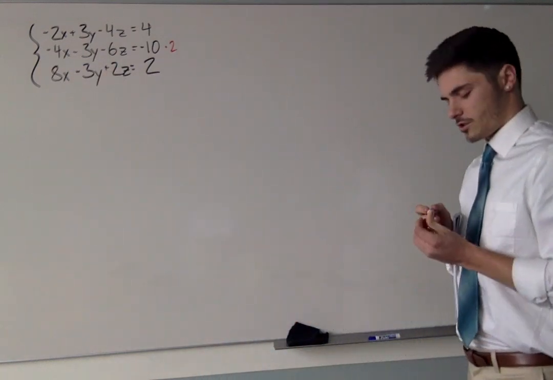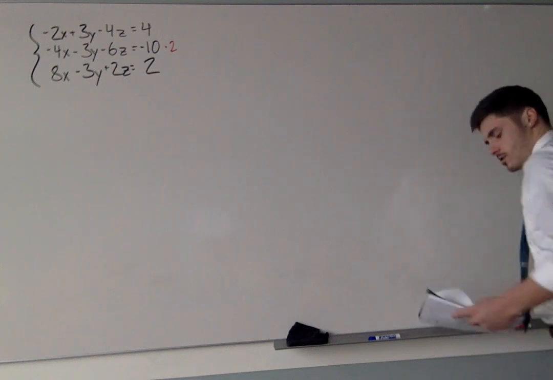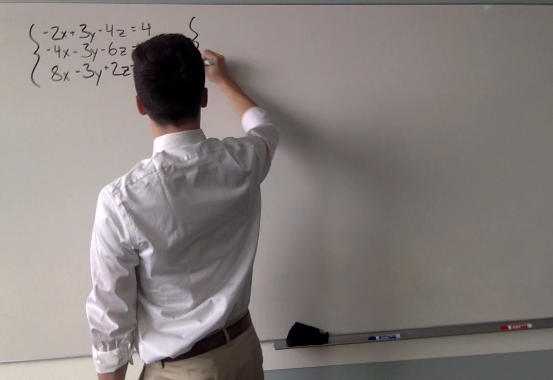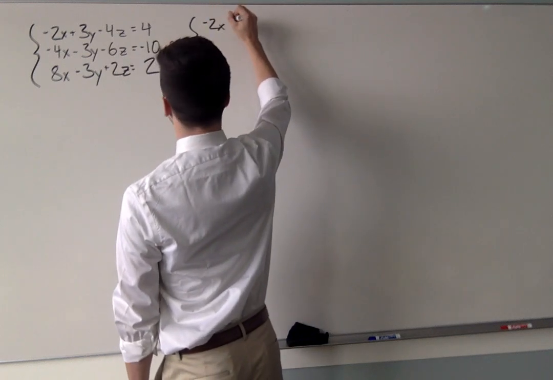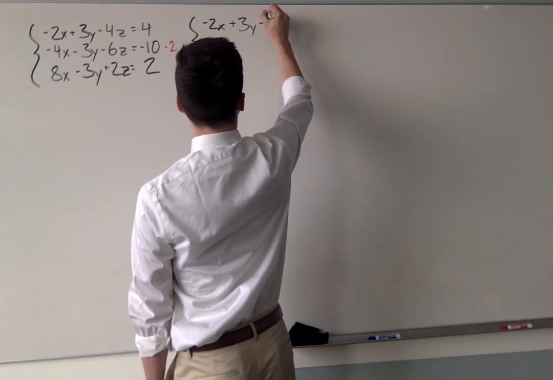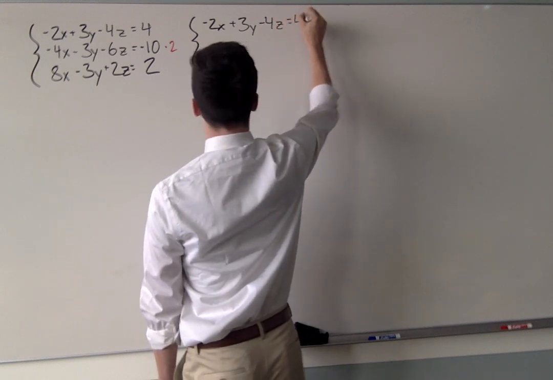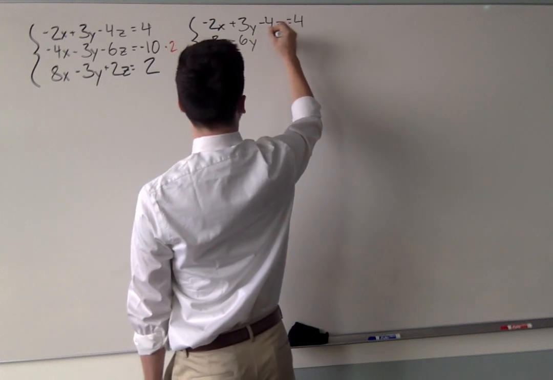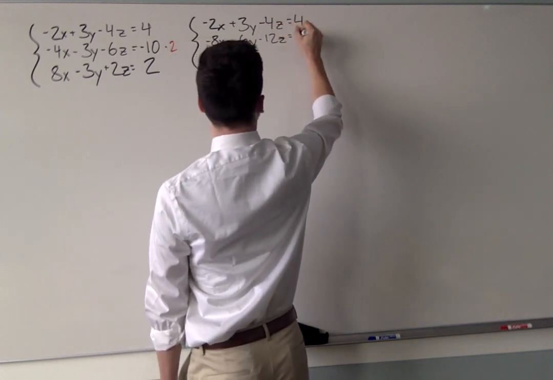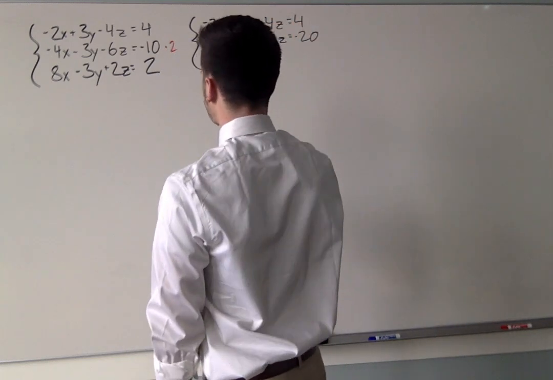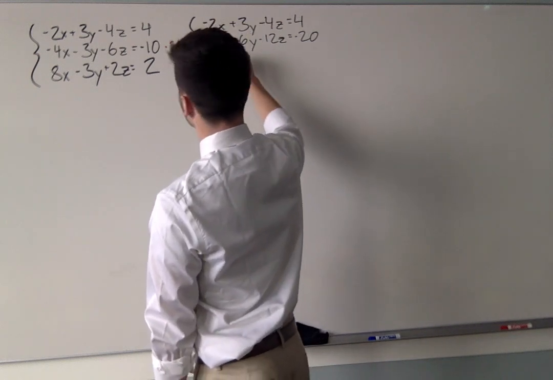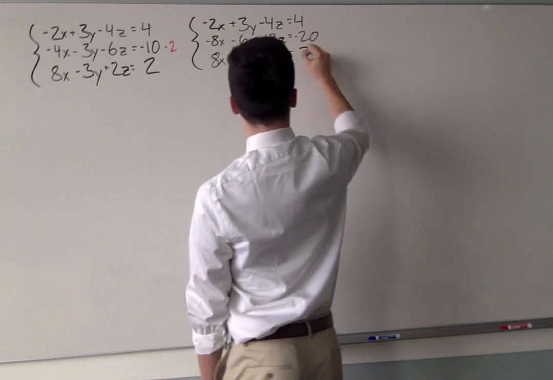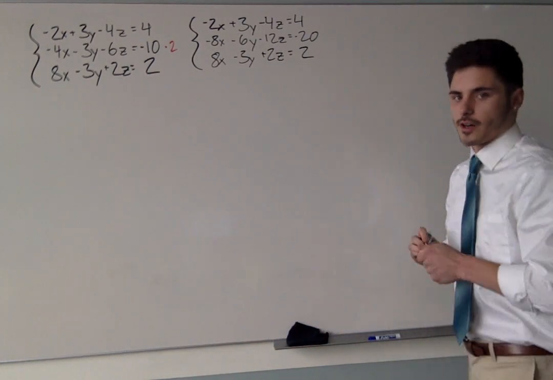So I'm going to rewrite my equation after multiplying the middle row by 2, okay, and this is what we're left with there.